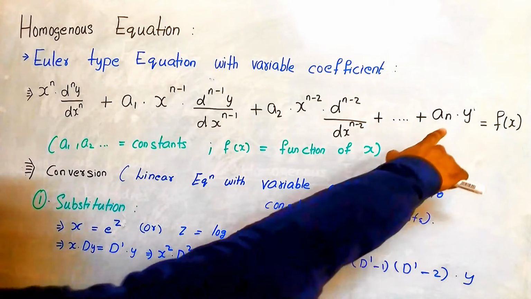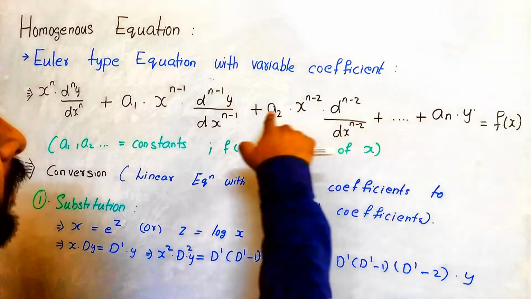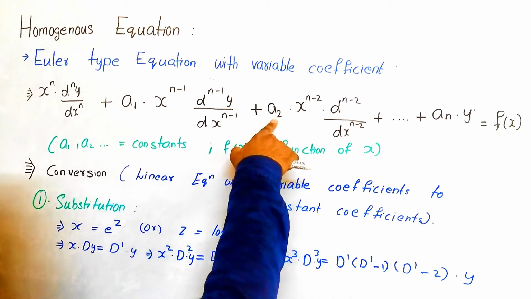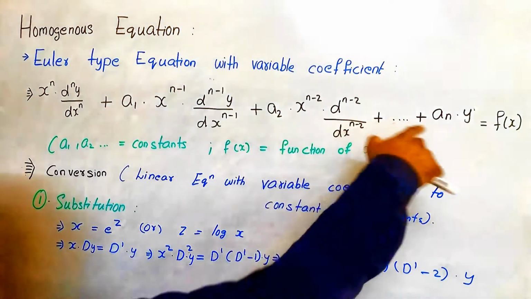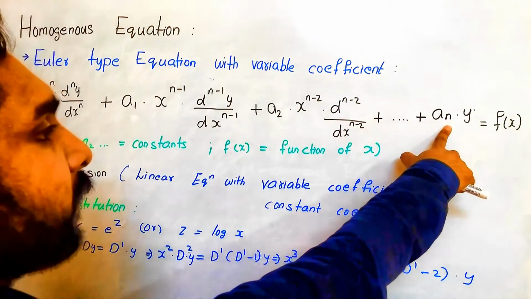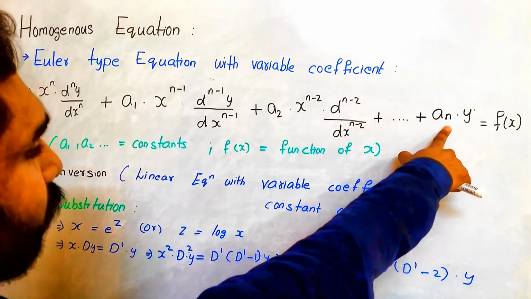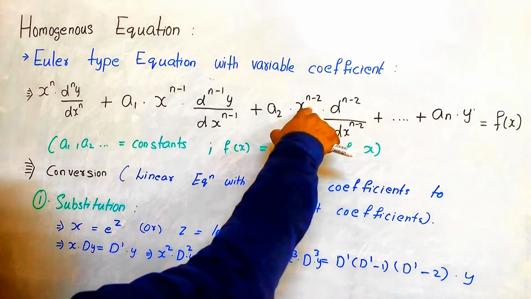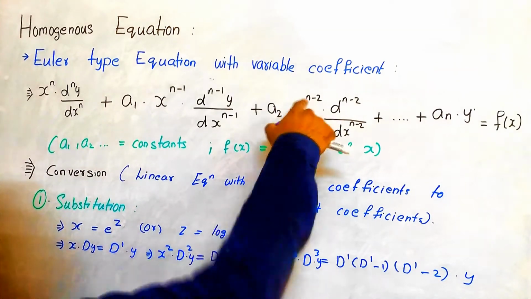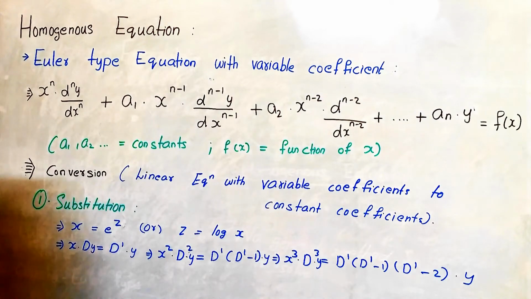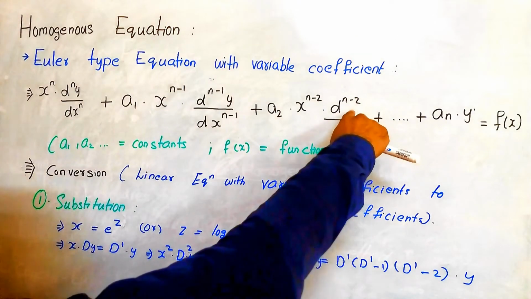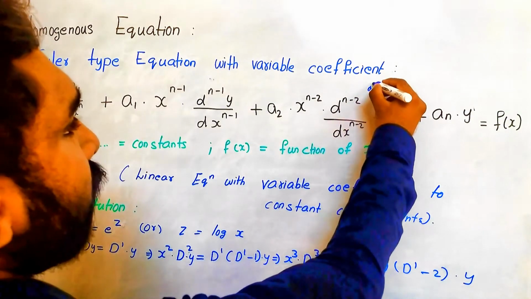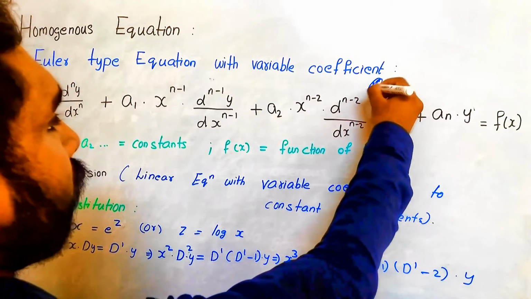Finally, we reach a stage where we get the constant to the maximum, that is a to the power of n, the nth constant, multiplied by x to the power n minus n, meaning x to the power 0, which is equal to 1. The derivative power also becomes d to the power of n minus n, meaning d to the power of 0.